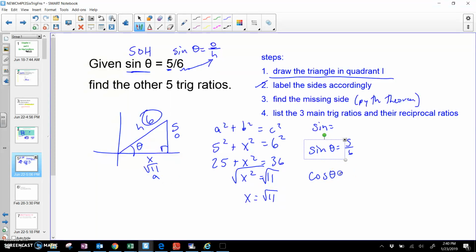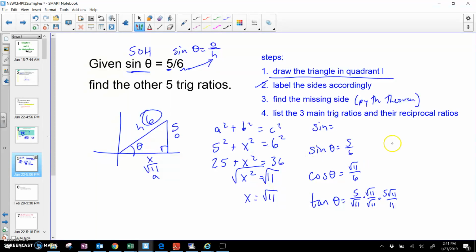So that's root 11 over 6, the hypotenuse. And then tangent of theta equals opposite over adjacent, which gives me 5 over root 11. But remember, we're never going to leave radicals in our denominator. I'm going to multiply the top and bottom by root 11. I get 5 root 11 over 11. The other three, though, are the reciprocal functions.